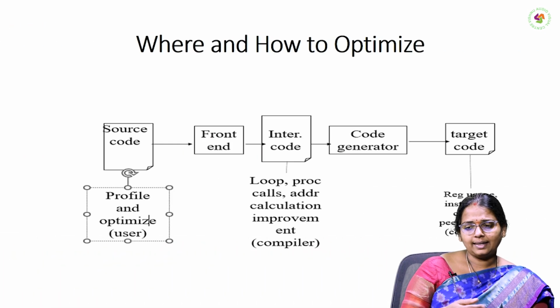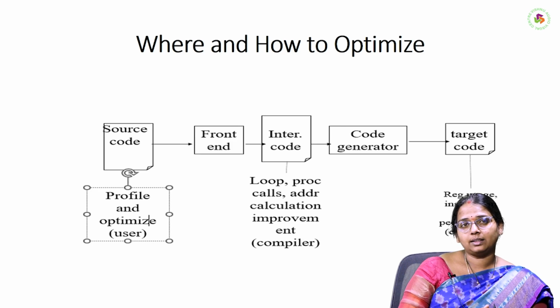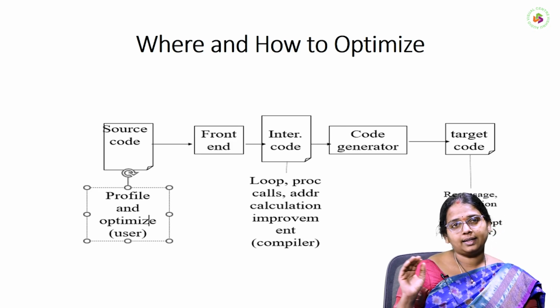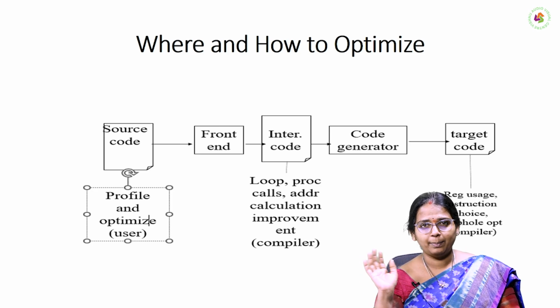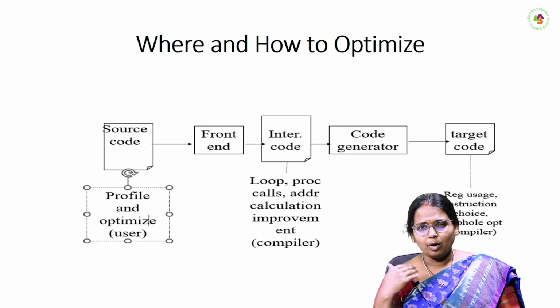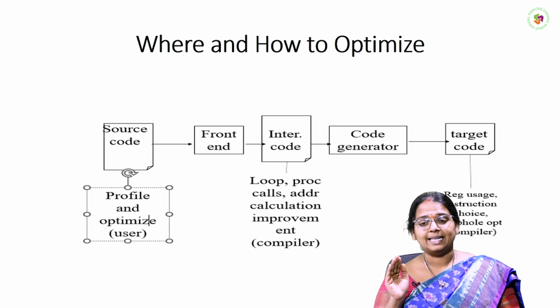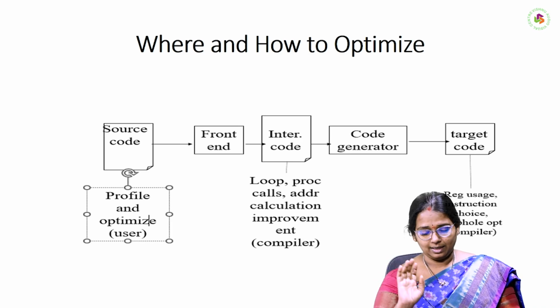So optimization at the intermediate code level or target code level is the duty of the compiler. At the target level we go for register allocation, which is machine dependent optimization, done at target code generation. Optimization at the intermediate code level is machine independent, and it is done by the compiler.